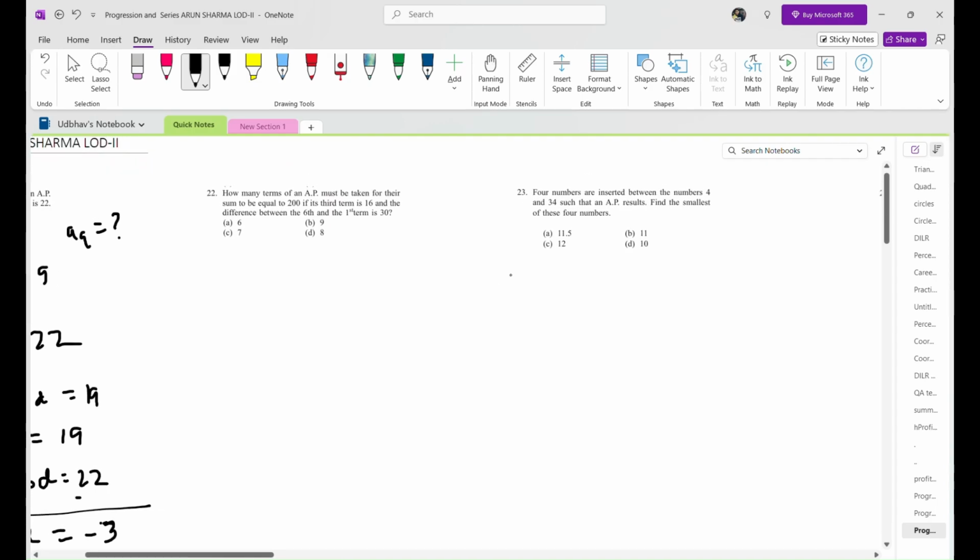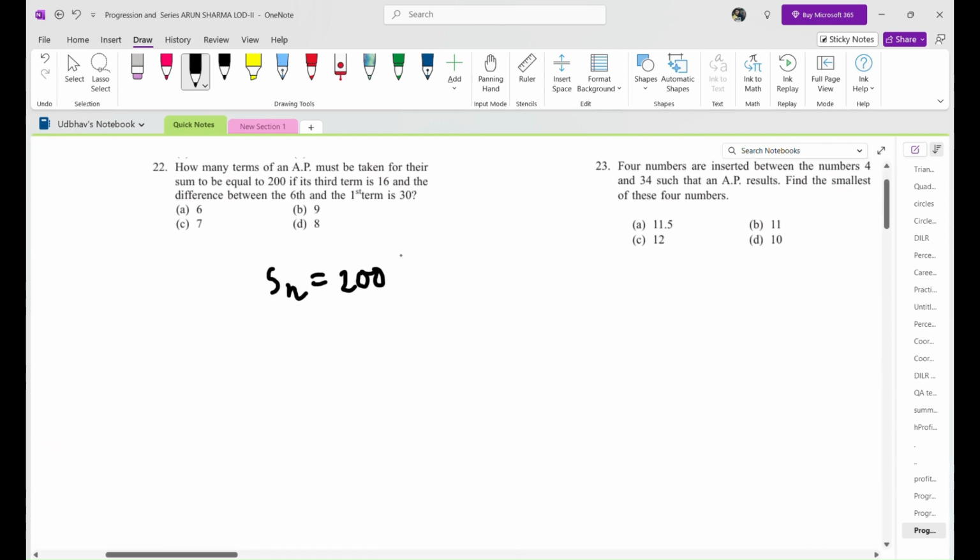How many terms of an AP must be taken for their sum to be equal to 200? You have to find the number of terms that must be taken so that Sn equals 200. If the third term is 16 and the difference between the sixth and the first term is 30.